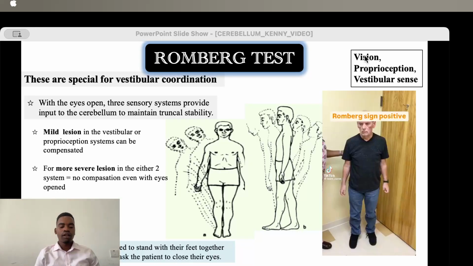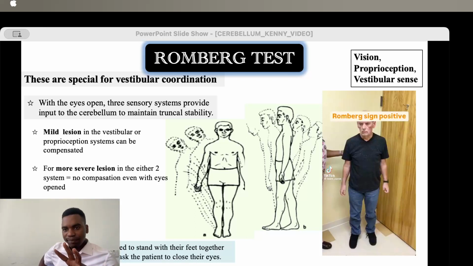We are able to stand and have more coordinated movement because we have information from these three systems: the visual system, vision; proprioception, the location of joints of the body in space; and the vestibular sense, the sense of balance. All these work together to maintain the posture.